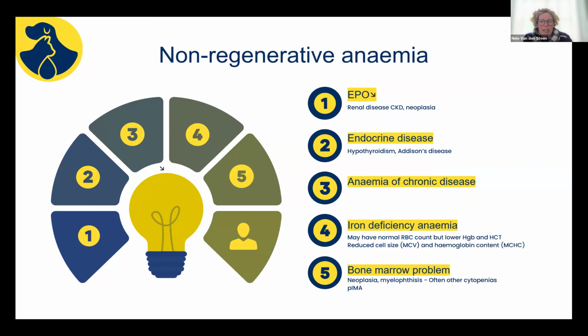Let's go to non-regenerative anemia. There are a few groups here that we will classify under non-regenerative anemia. As a baseline, we said normal production of red blood cells requires a normal bone marrow. So if that's deficient, that might not work. We require erythropoietin. So if that's not happening, red blood cell production won't be normal either.